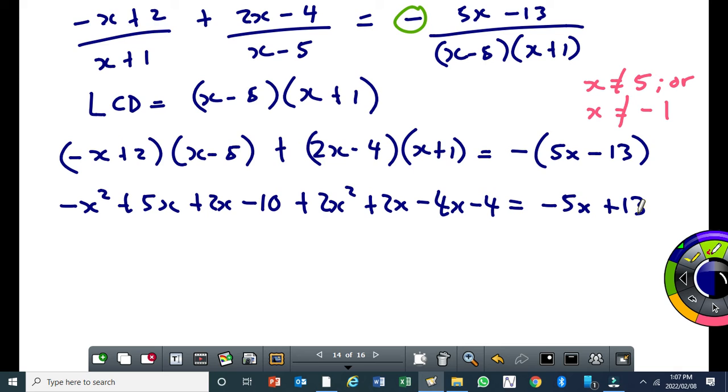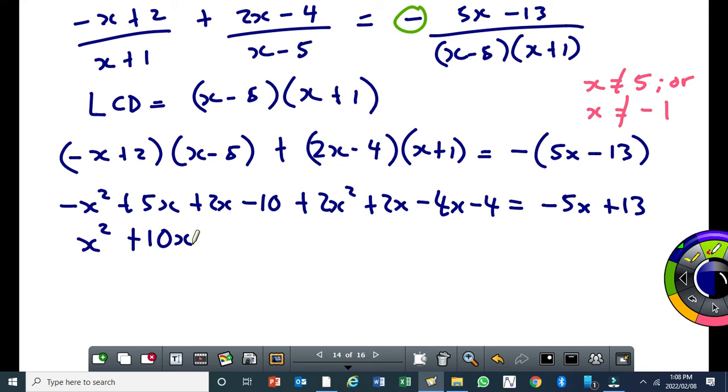Then, like terms now. 2x squared minus x squared, that will give me x squared. Then 5x plus 2x, that's 7x. 7x minus 4x, I'll get 5x. Then I'll bring that minus 5x over, I'll get positive 10x. Then the constants.